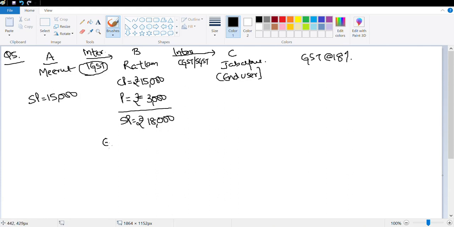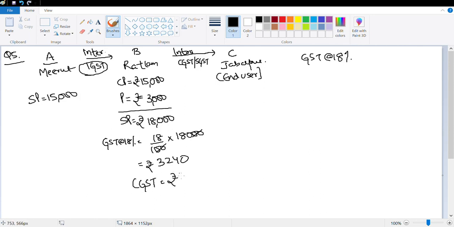So we will calculate GST at 18%, which will be 18 upon 100 into 18,000. That's 18 into 18, that's 324 with a 0, so 3,240. Since this is intra, let me just convert this.